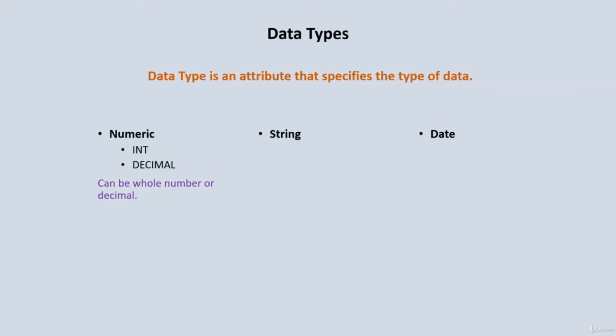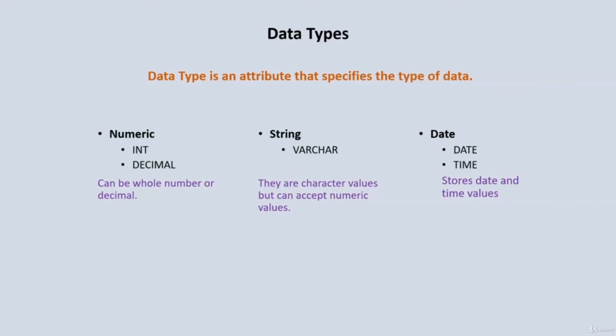We have int, which stands for integers, and decimal, which is used to store decimal numbers. We have the string data type varchar, which is used to store character values, but can also accept numeric values. The date data type is used to store date and time values.